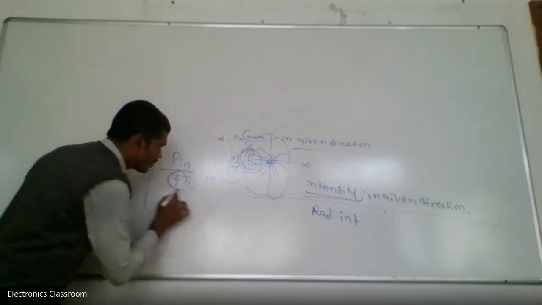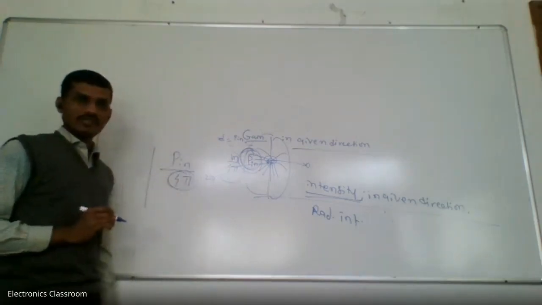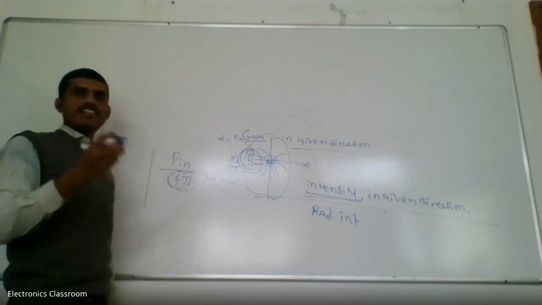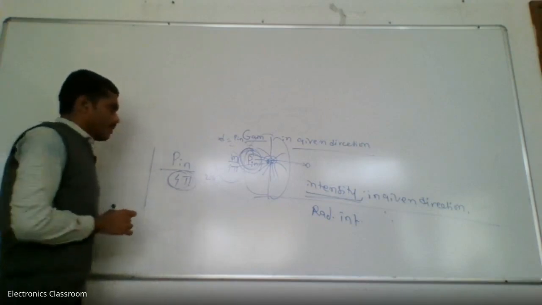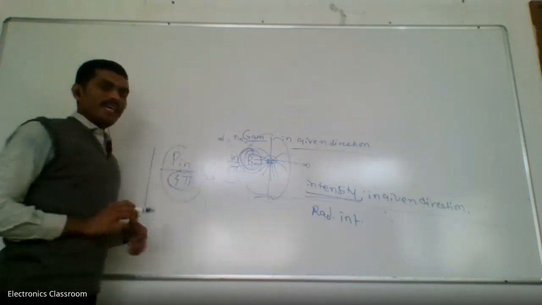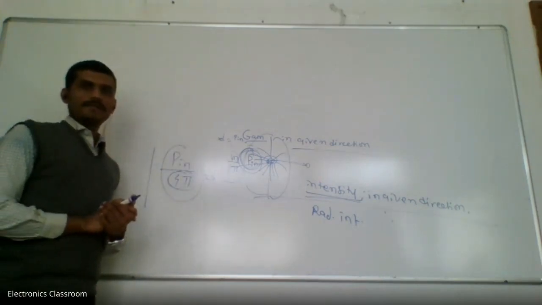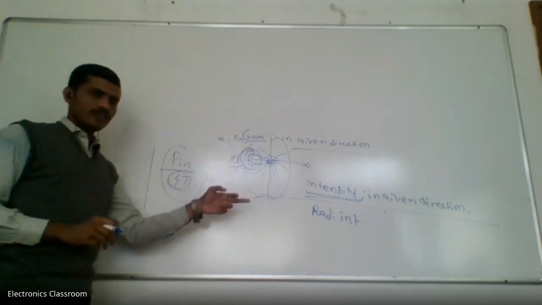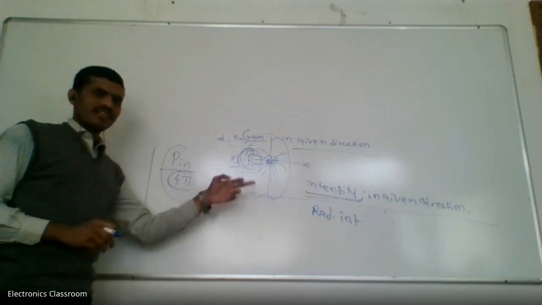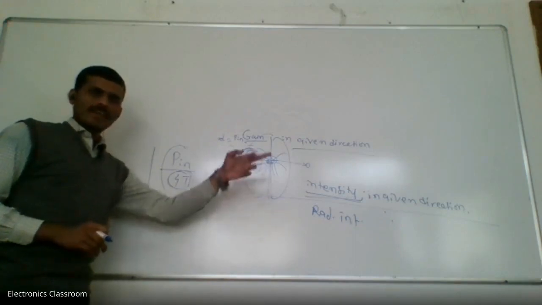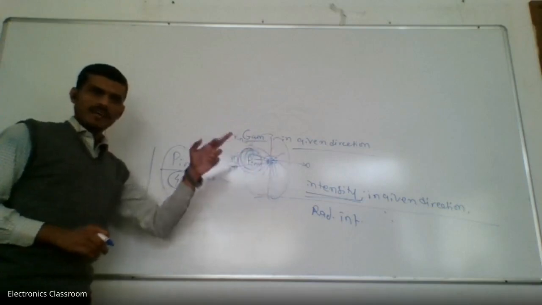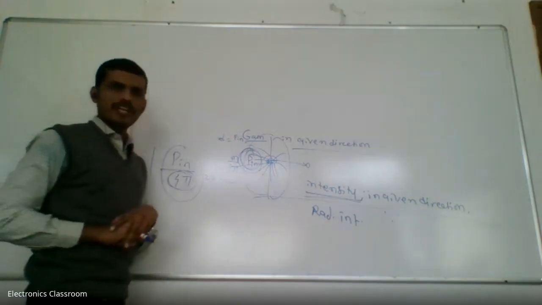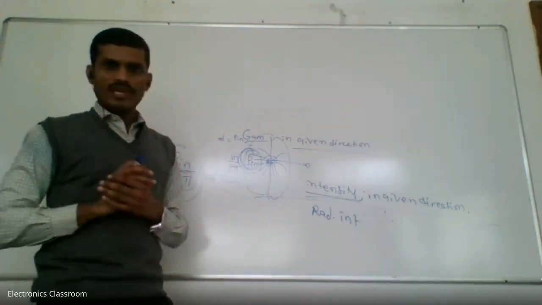So we are taking 4 pi for the solid, and we are calculating an angle for the solid material, that is in steradians. So this power is equal to P in divided by 4 pi. Is that understood? Intensity in a given direction to the radiation intensity that would be obtained if the power accepted by the antenna were radiated isotropically. Now the radiation intensity corresponding to the isotropically radiated power.